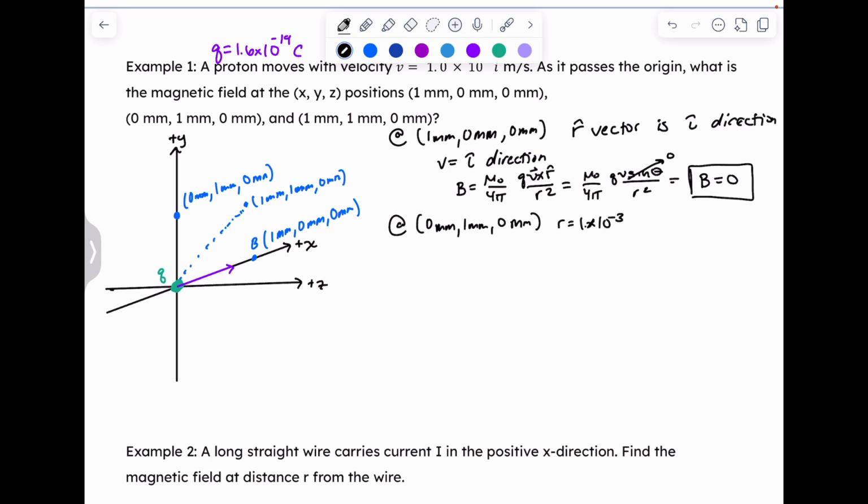And then my r hat direction, the angle between i hat and j hat, is 90 degrees.